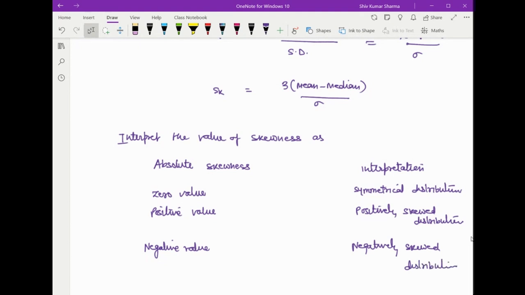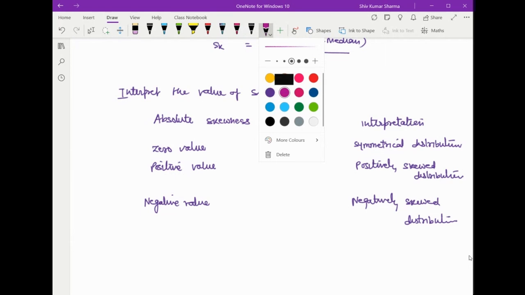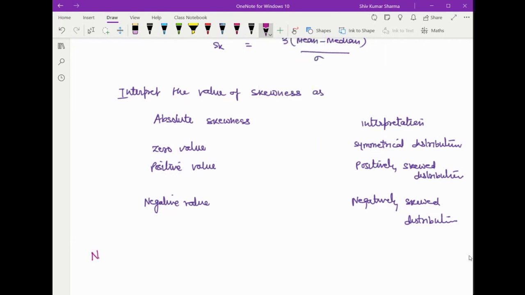So after solving the problem, we have to check whether the value is negative, positive, or zero. And remember this, the skewness lies between -1 to +1.